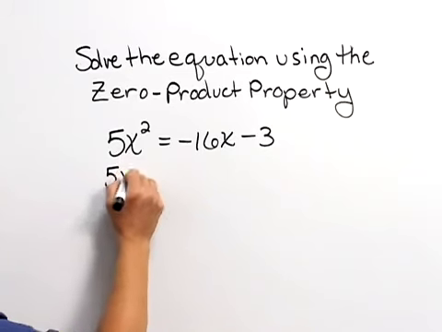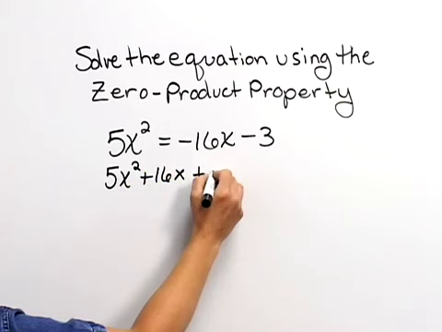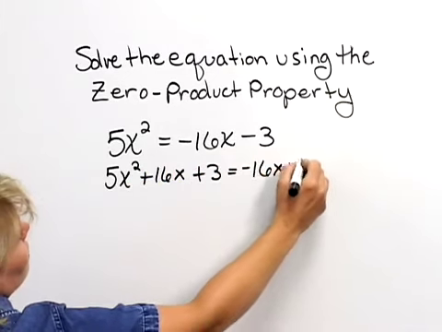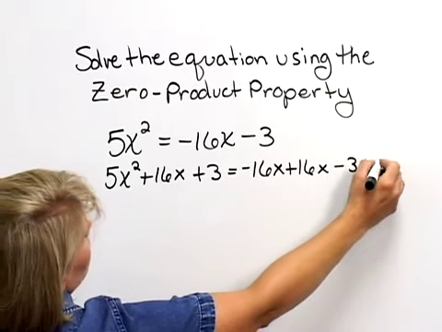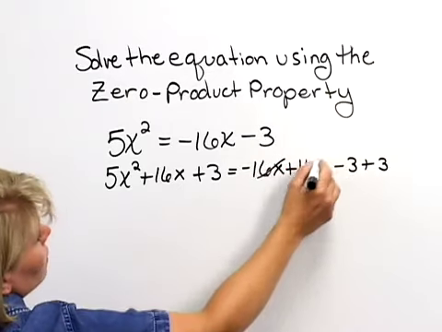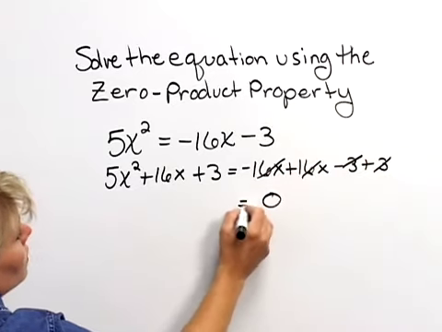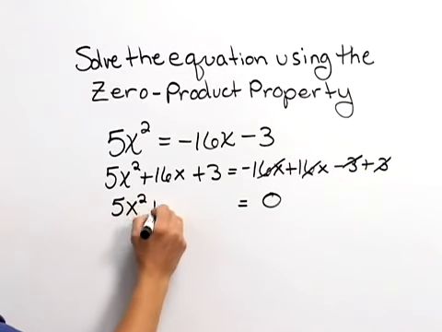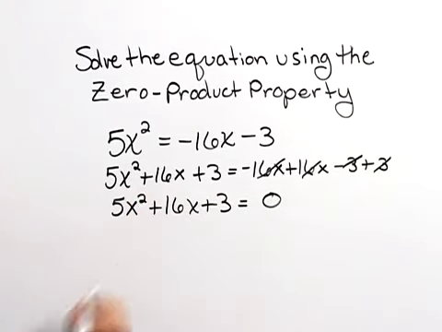That will give us 5x squared plus 16x plus 3 equals negative 16x plus 16x minus 3 plus 3. These will cancel, and so will those, so this side is left with 0. And on this side, we have 5x squared plus 16x plus 3.